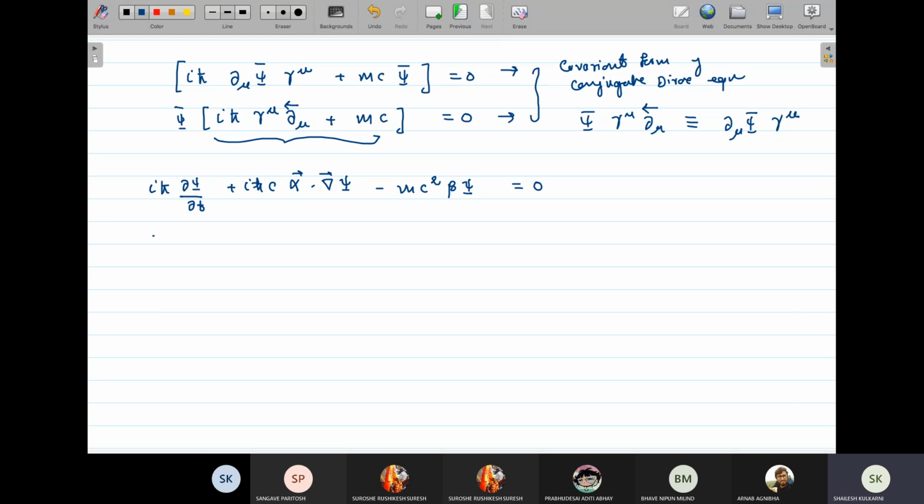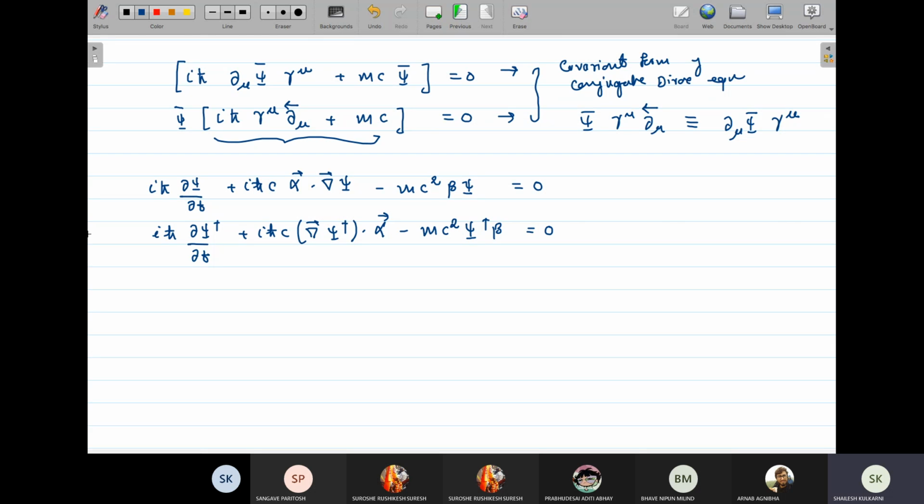And its conjugate equation will be iħ ∂ψ†/∂t plus iħc ∇ψ† dotted with α, minus mc² ψ† β, equal to 0.